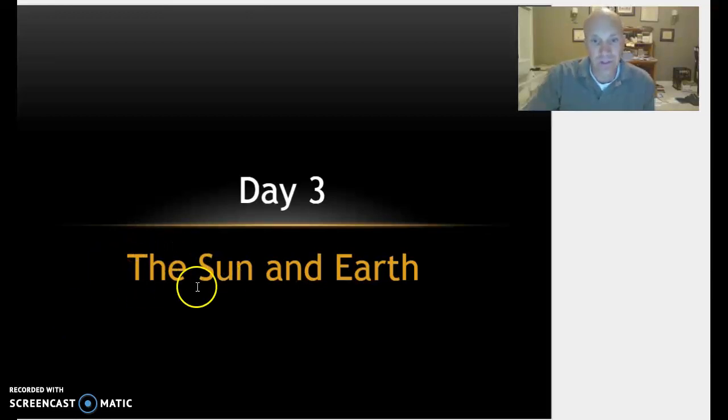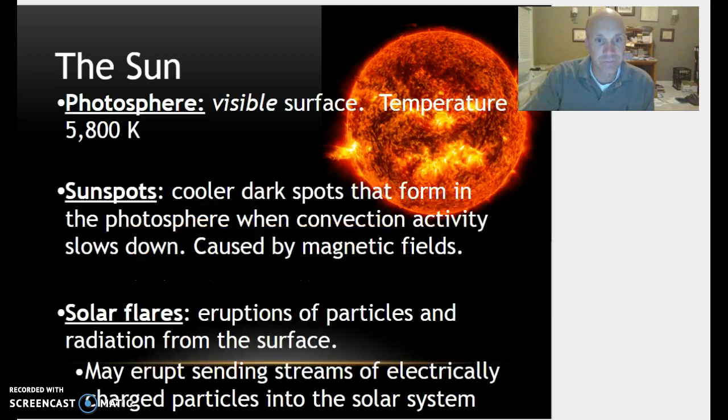Okay, in this video I'd just like to go over some basics concerning the sun. Whenever you look at the sun, the layer that you're actually looking at is the one called the photosphere. That's the visible surface, and the temperature on that surface is about 5,800 degrees.